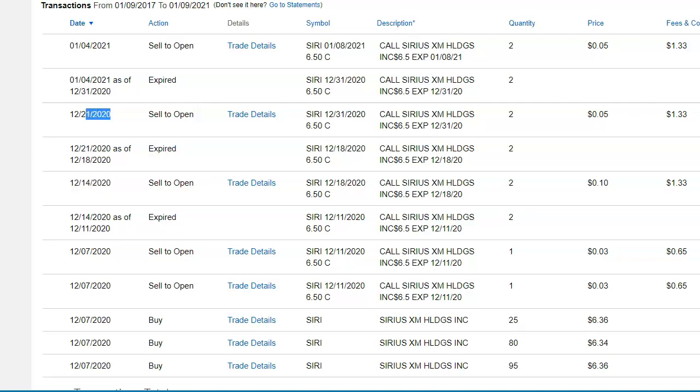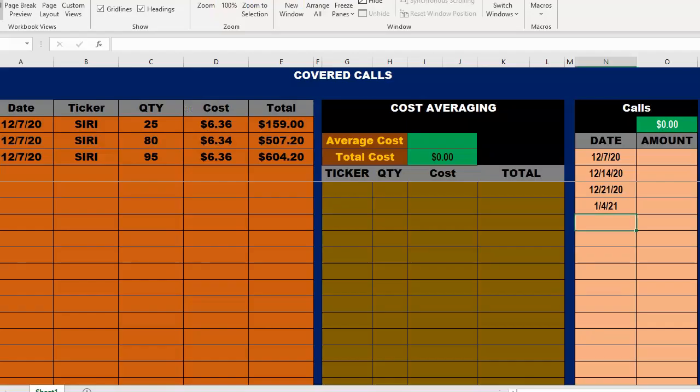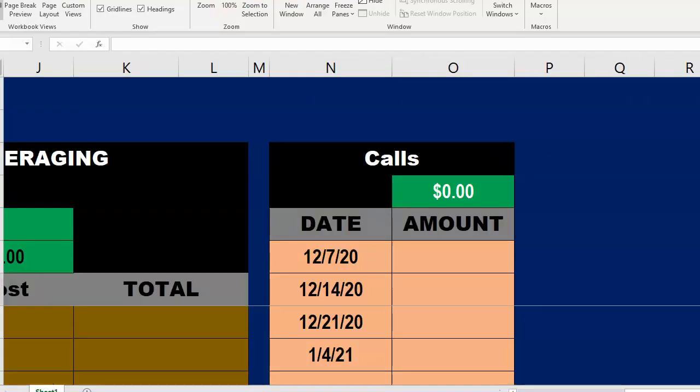On 12/21, we sold another call that also expired. And then on January 4th, we sold a call. So for our calls, we have December 7th, 14th, 21st, and I think that Christmas week I must not have looked in this account because it looks like I skipped that week.